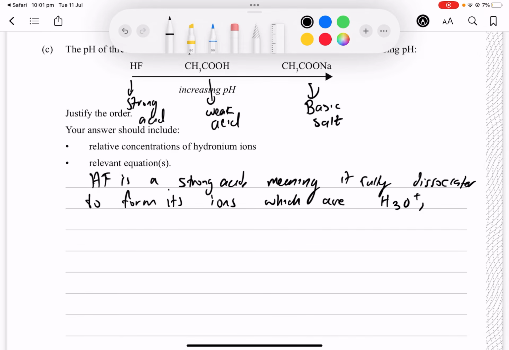So we're going to form some hydronium ions as well as F minus ions. So it's a strong acid, so it fully dissociates.